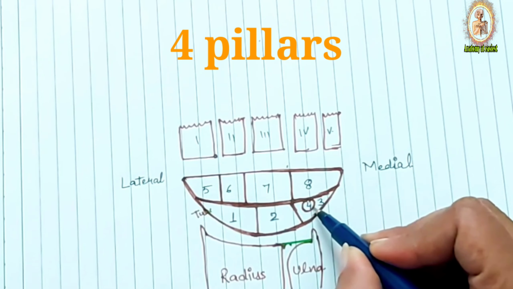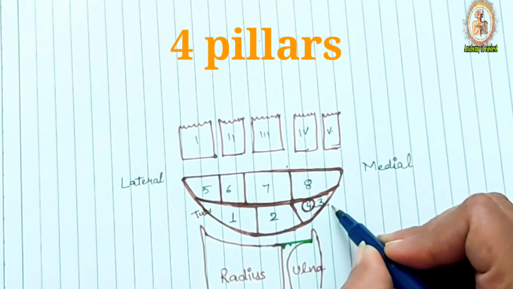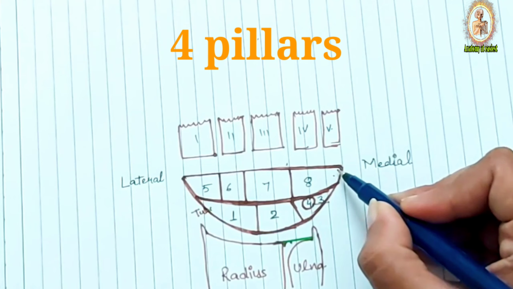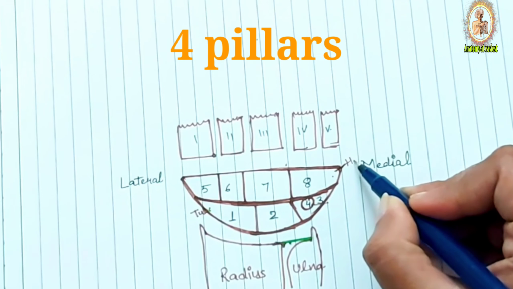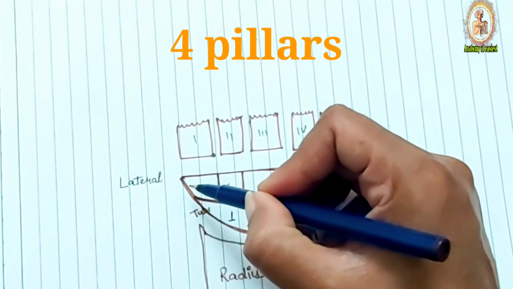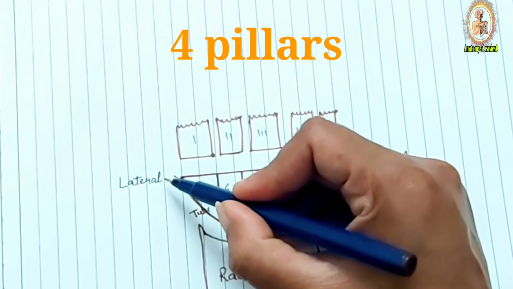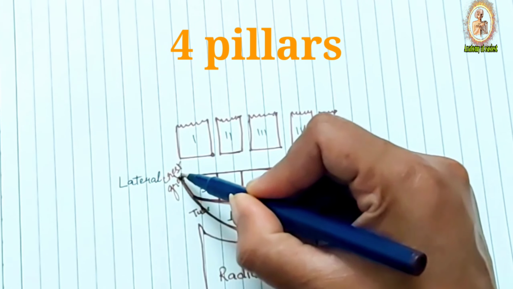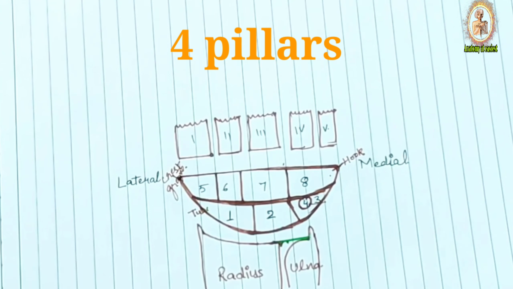Here the pisiform forms the medial pillar. On the medial side again, the hook of hamate, or the hamulus, forms the pillar. And here on the lateral side, distal side, the crest and the groove of trapezium form the pillar. So these are the 4 bony pillars, which give attachment to most of the important structures.